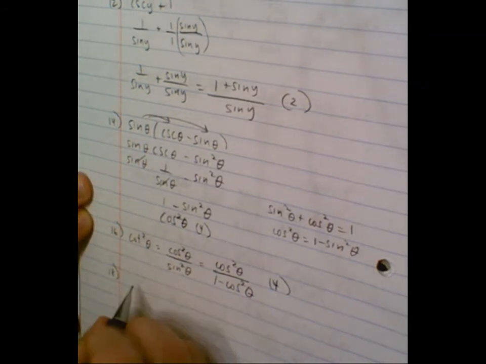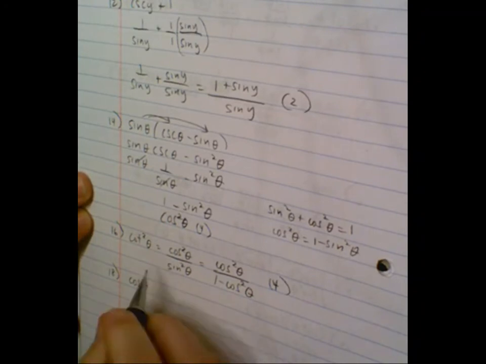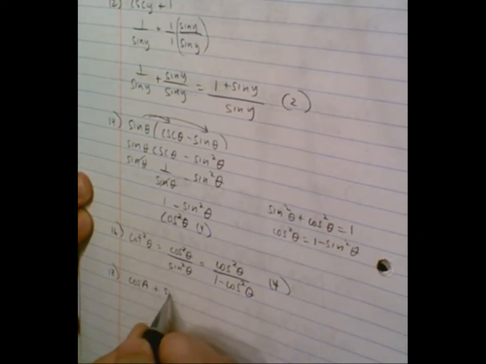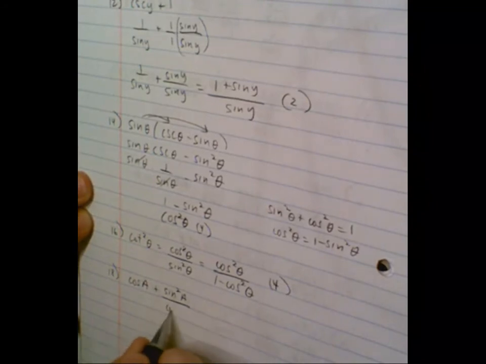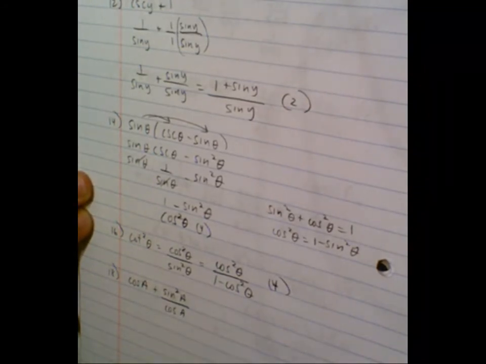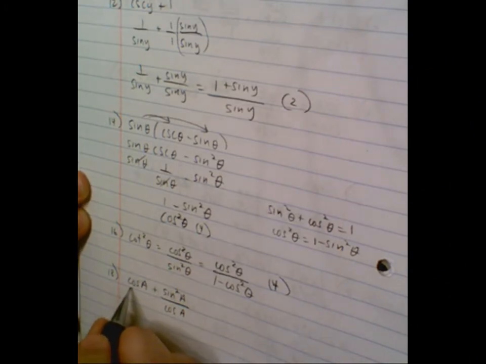Number 18, cosine of A plus sine squared A over cosine A. I'm going to put the cosine A over 1. You can't add or subtract fractions unless you have a common denominator.